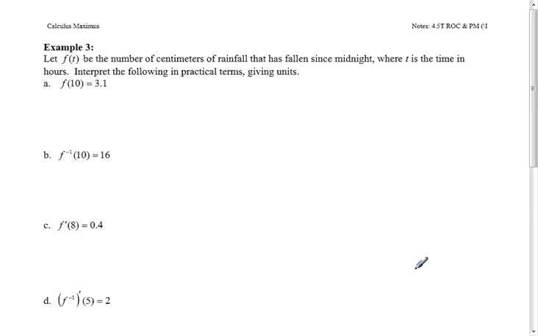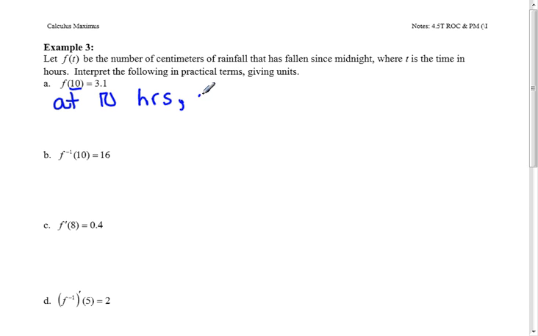Let f of t be the number of centimeters of rainfall that's fallen since midnight. T is in hours. So we're going to interpret these in practical terms, giving units. So t is 10. So at 10 hours, we'll always write that at 10 hours. And then the 3.1, our function value, represents the number of centimeters of rainfall that have fallen since midnight.